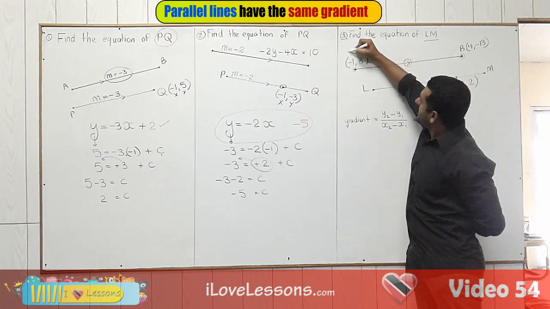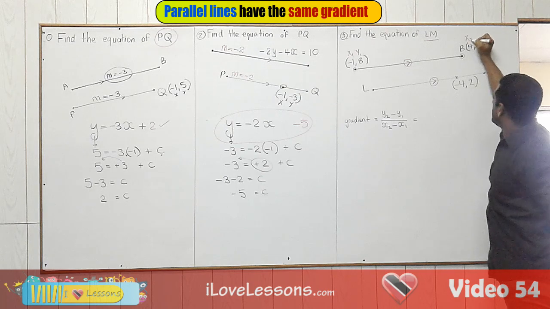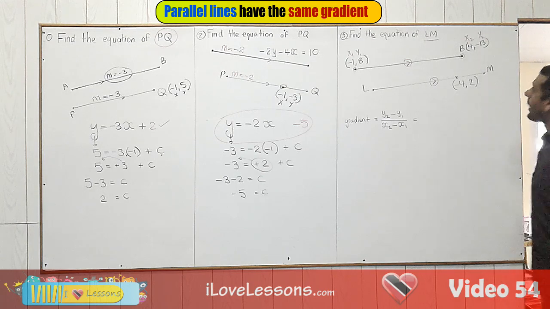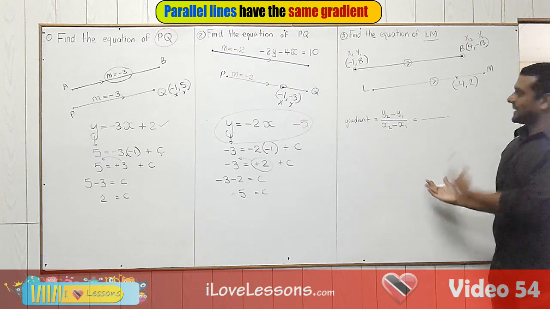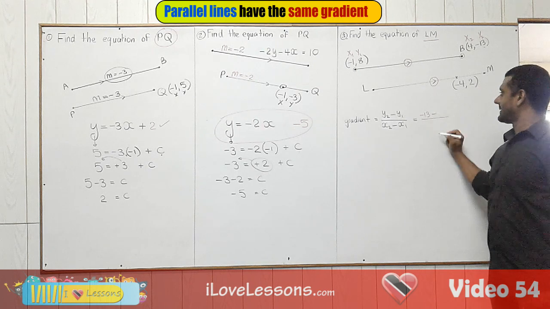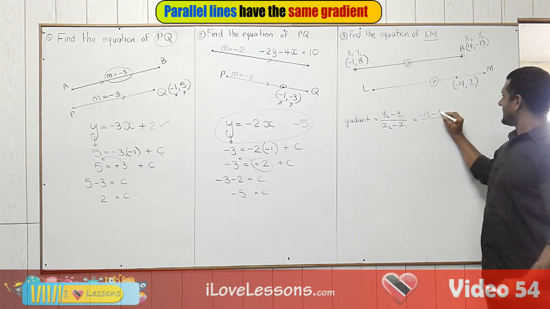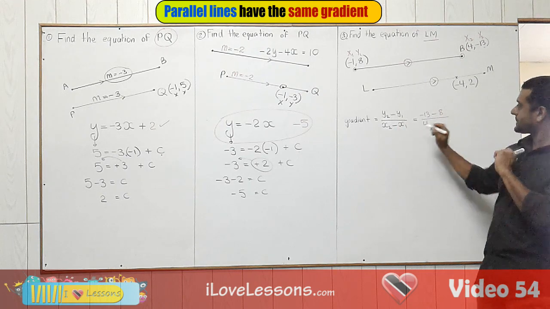So choose 1 point first, call it x1 and y1, and the next point x2 and y2. Let's throw it into the formula. Now you should be a master at this by now. y2 is minus 13. We must put the minus sign. y1 is 8. x2 is 4. Must put your minus sign.